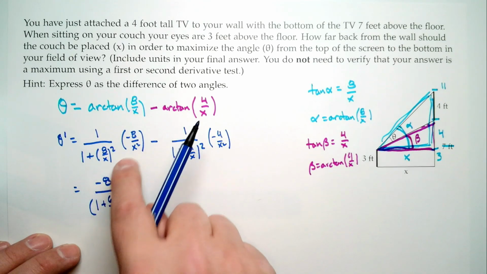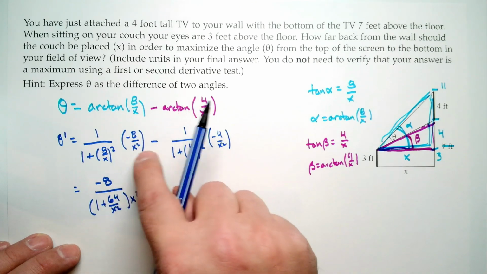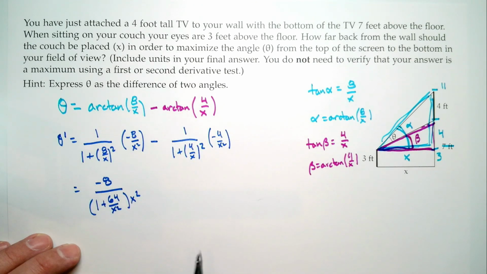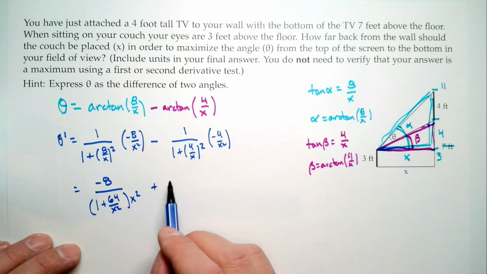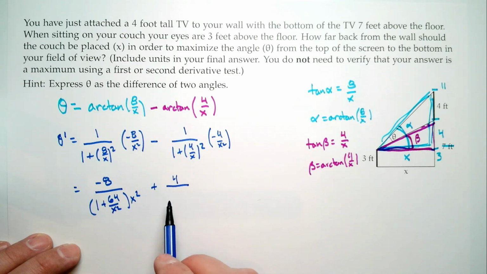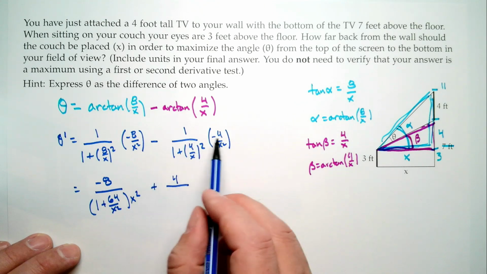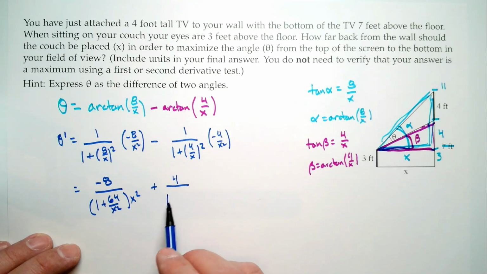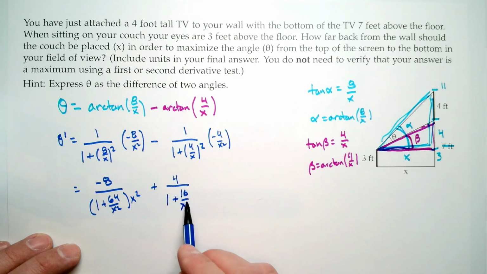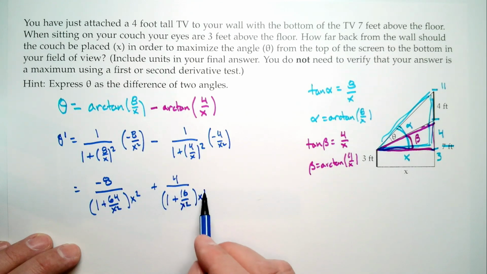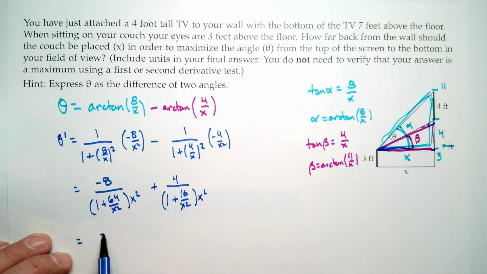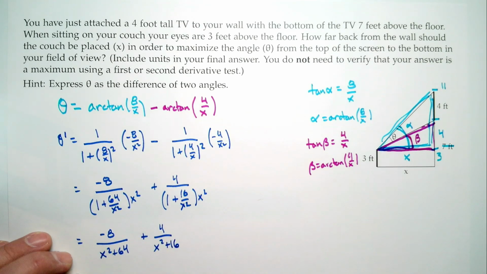So as I square this term, then I just have the x squared going to the bottom, negative 8 going to the top. Then over here we'll have plus 4. And downstairs we're going to have plus, because minus minus, 1 plus 16 over x squared. And that's being multiplied by x squared. So you multiply the x squareds together, or I should say maybe distribute them through. Negative 8 over x squared plus 64 plus 4 over x squared plus 16.